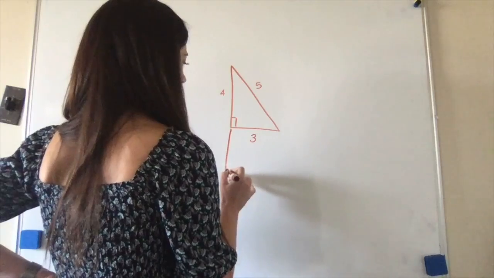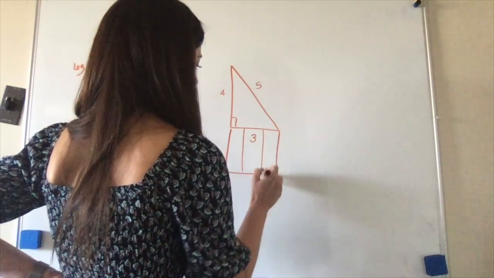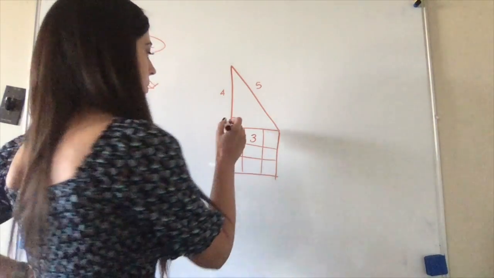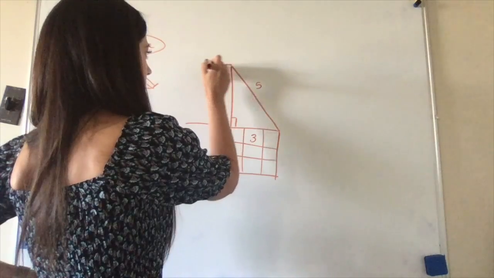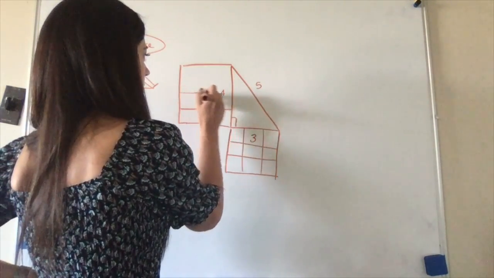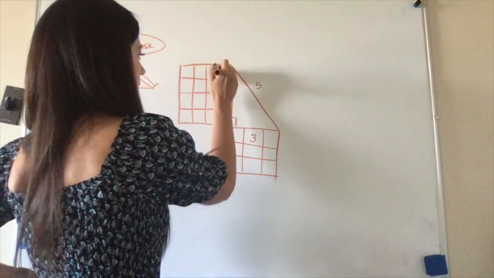If we draw a square here, and we find the area of the square, and we draw a square here, and we find the area of this square.